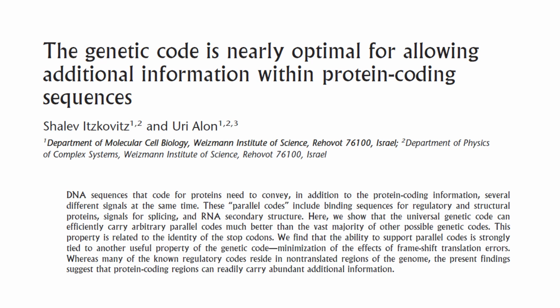And it turns out that our standard genetic code is also, this paper says, nearly optimal for allowing additional information to be stored within the protein coding sequences. And so that's something we may never even have thought to look at or to analyze. Luckily, this group from the Weizmann Institute did do that, and this is their result.